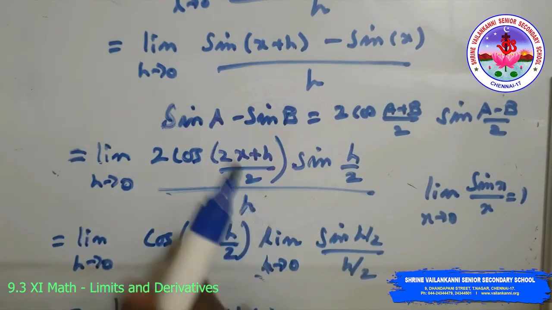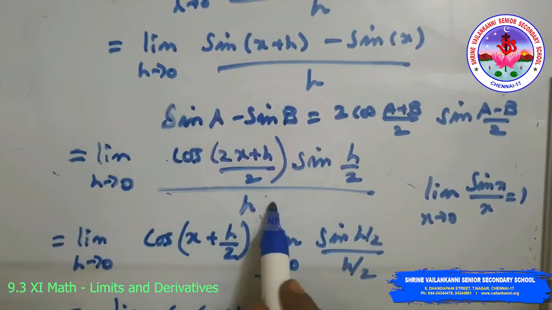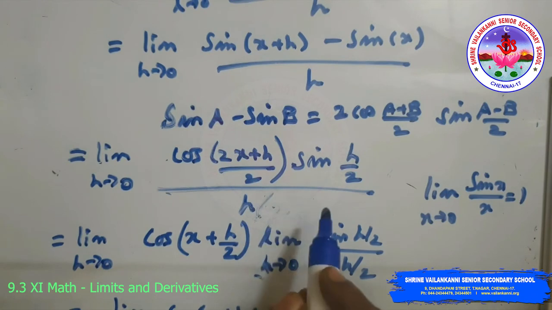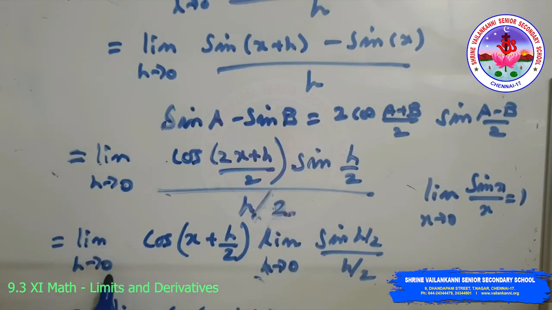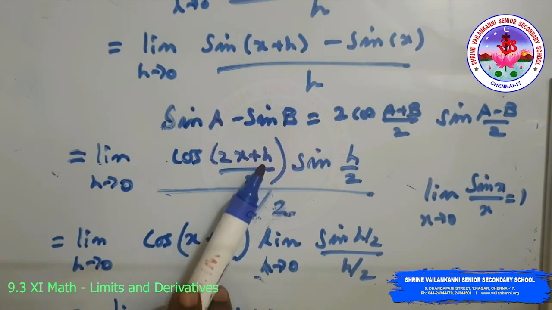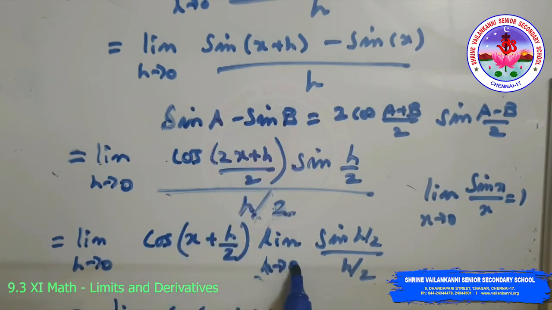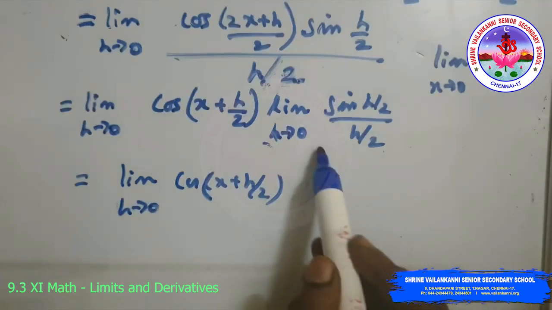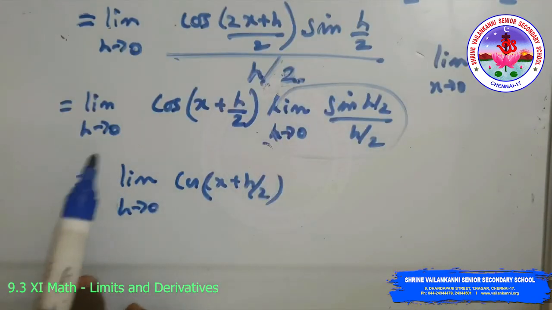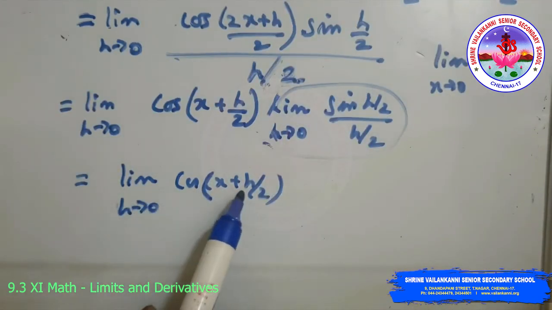Bring this 2 to the denominator, and we have limit h tends to 0 of cos of (2x plus h) by 2, which is x plus h by 2, times limit h tends to 0 of sin of h by 2 divided by h by 2. Using the result limit x tends to 0 of sin x by x equal to 1, this will become 1. So we get limit h tends to 0 of cos of x plus h by 2.